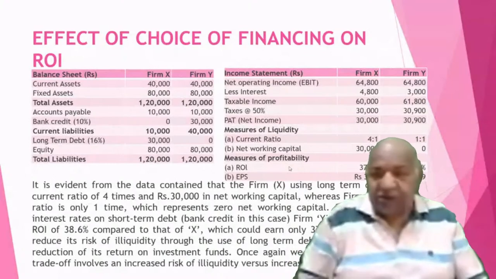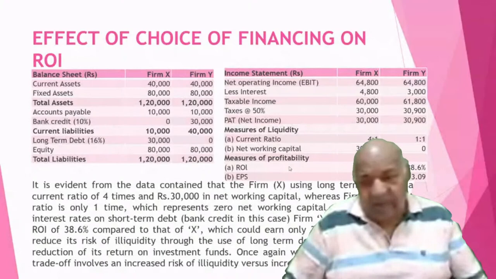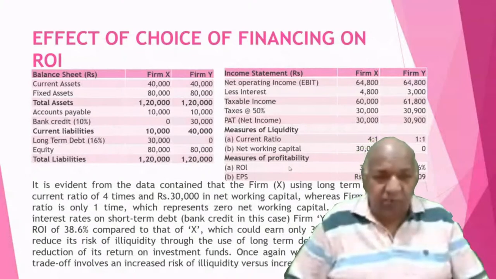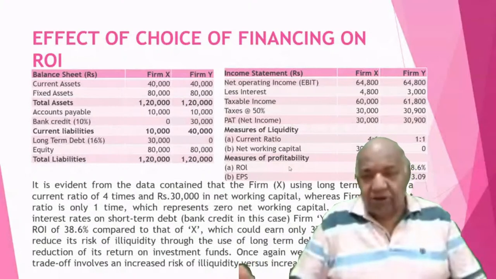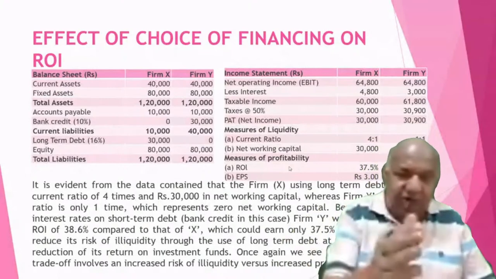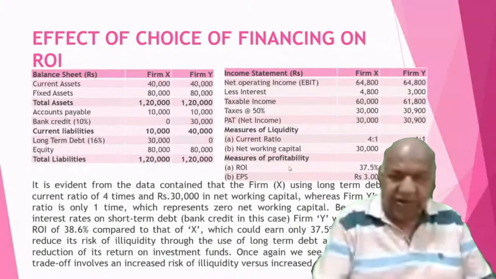Therefore, the ratio is 1:1. In case of firm Y, there is no net working capital because both current assets and current liabilities are 40,000 each. While in case of firm X, it is 40,000 minus 10,000, that is current assets minus current liabilities, 30,000.